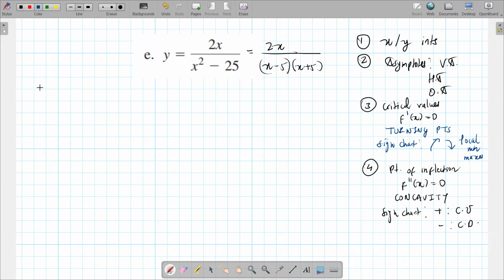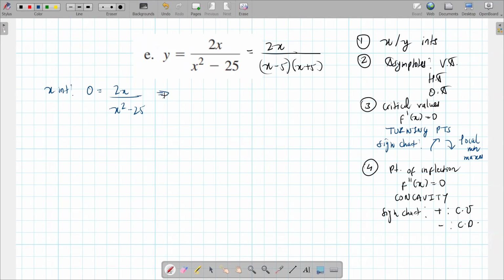All right, so let's start with the top one, the x-intercept. How do we find the x-intercept of this? You set the y to 0. All right, y is 0. Now what? How do we solve this for x? It's easier than you think.